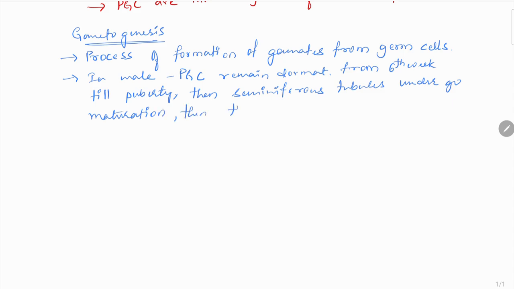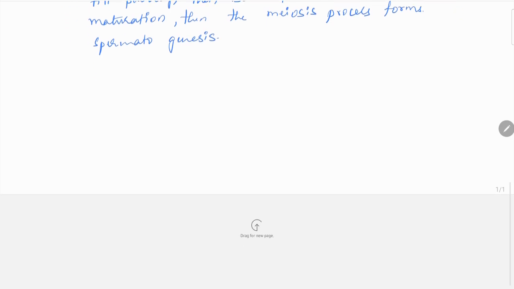Then meiosis starts, and the meiosis process forms spermatogenesis. This is what happens in men.